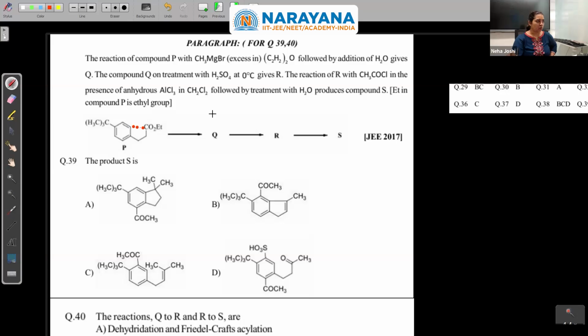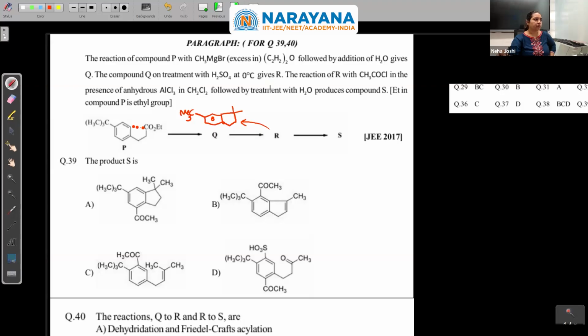So let me draw what could be the structure of Q. CMe3, I will have ring closure here and two CH3s like this. So this is my R.